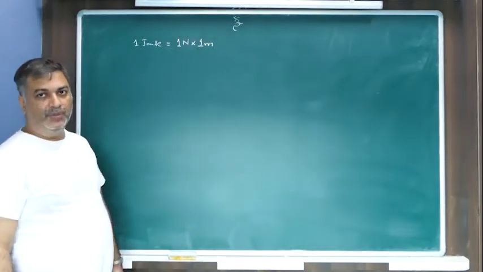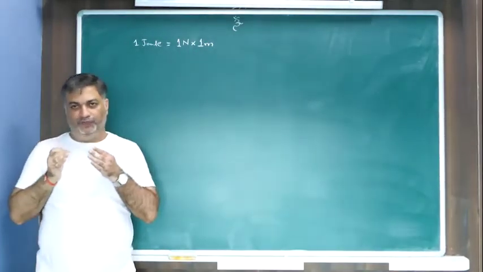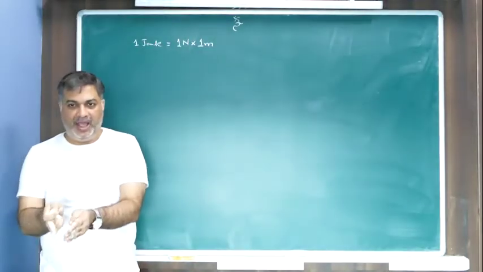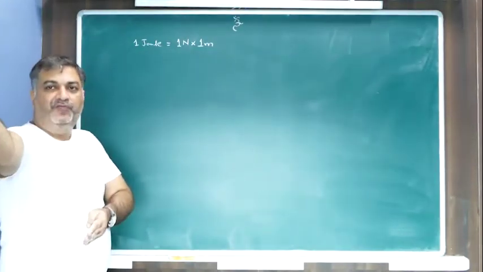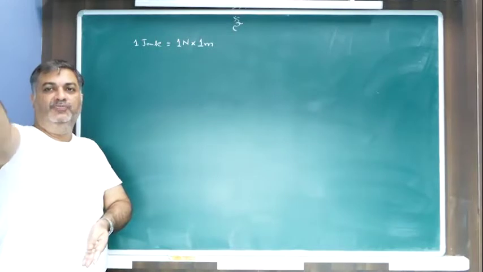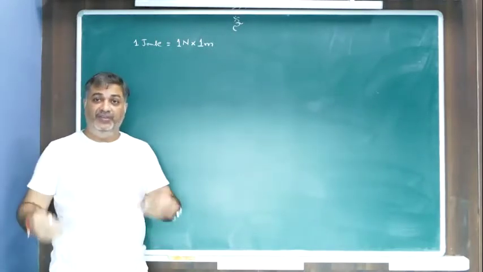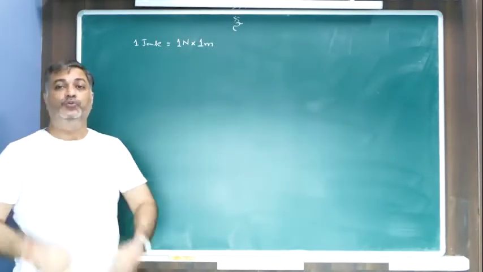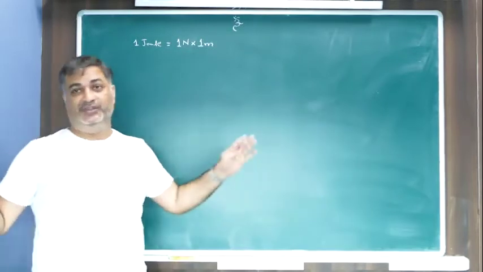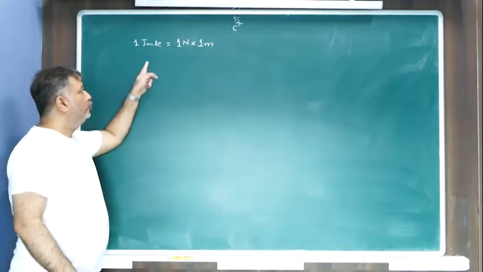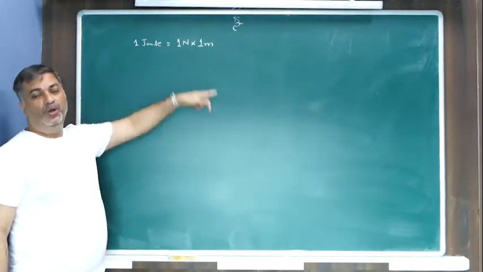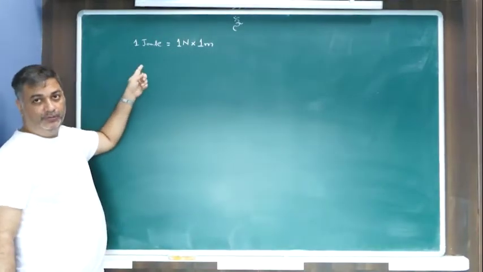Means you apply a force of 1 Newton on a body, and that body moves for 1 meter. The displacement is 1 meter. Then we say that the work done is 1 joule. 1 joule of work is done. Right? So 1 joule is equal to 1 Newton into 1 meter. This is the SI unit.